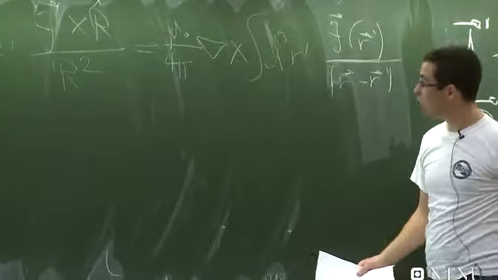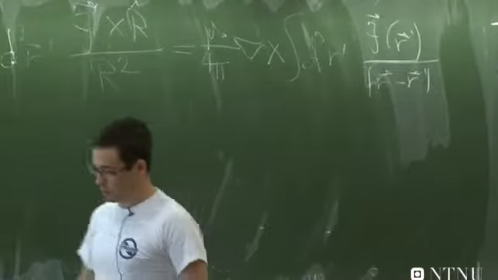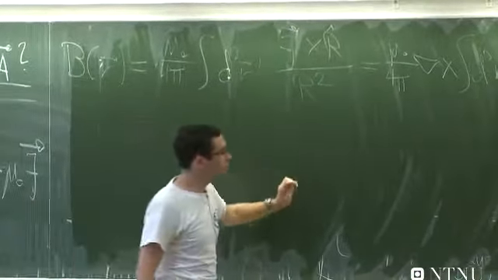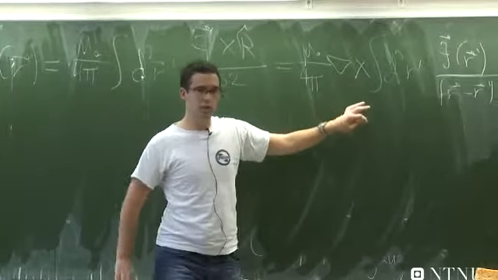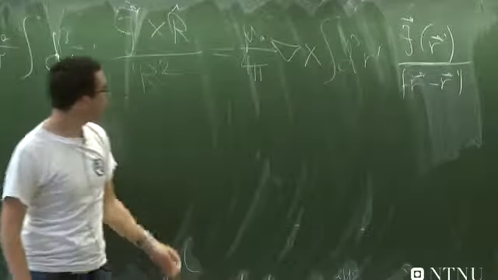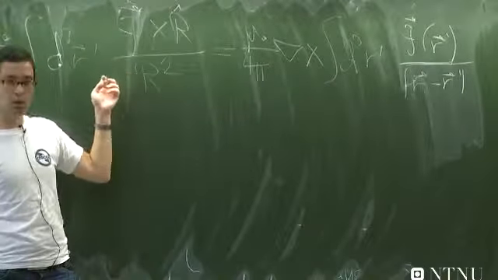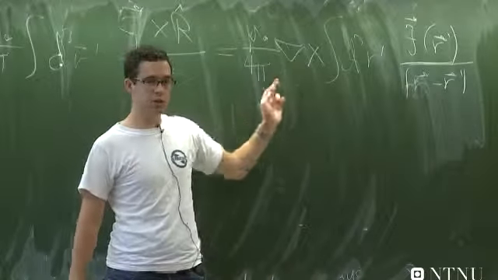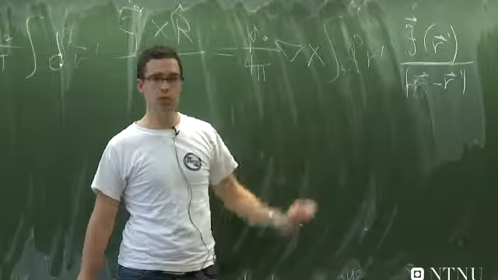So we start out by looking at the Biot-Savart law, and I see that I can write this as the curl of something. The stuff inside the integral is the curl of this, and because this is essentially a partial derivative, I can move it outside the integral sign.